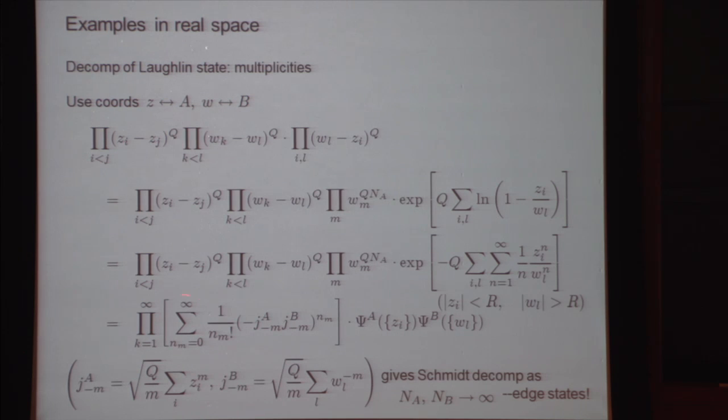Okay, so there's an infinite sum here. These are not all linearly independent for finite size, but when NA and NB go to infinity, these do become linearly independent, and so we get the full set of edge states here, although we still don't know about the normalization. So this is beautiful. These are identities that are well known in the theory of symmetric polynomials, actually.